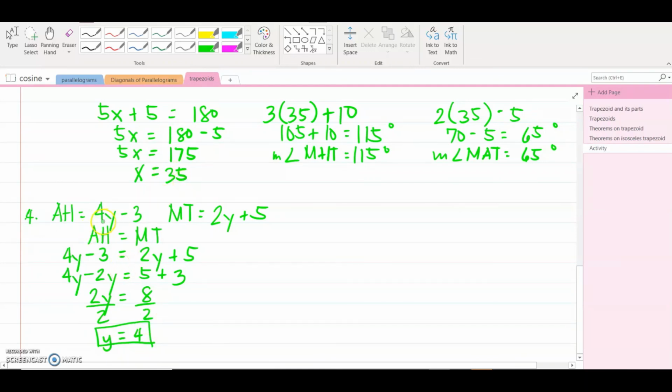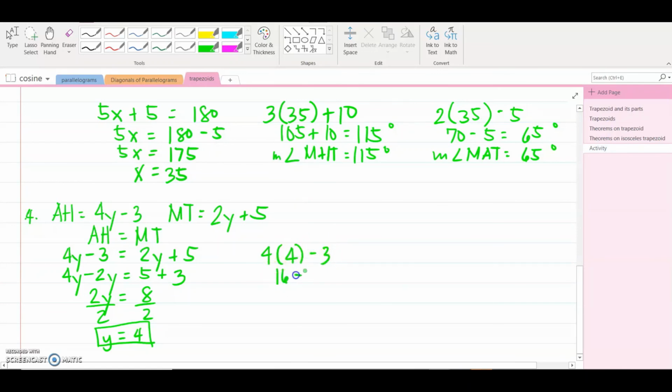Now, we can choose between AH and MT since the diagonals of an isosceles trapezoid are congruent. So we can try AH. AH is 4y minus 3. So we have 4 times 4 minus 3.